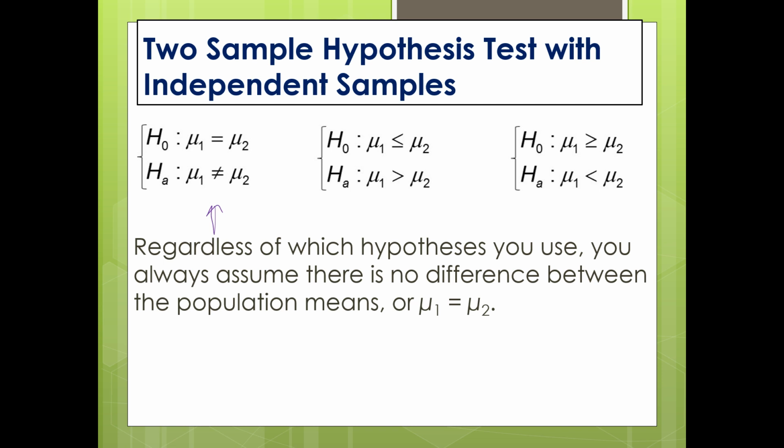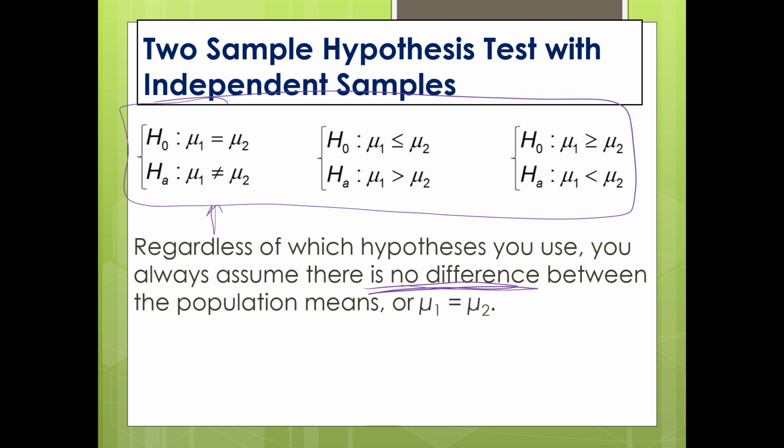Now, regardless of which one of these three scenarios we're using, whenever we're actually running a mathematical test, we assume that our mean difference is 0, or that there's no difference between the two populations. I'll show you what that looks like when we actually get to our formula. But we are going to assume there's no difference.